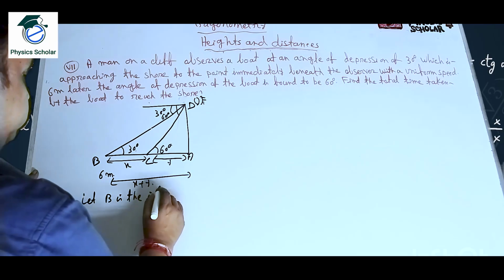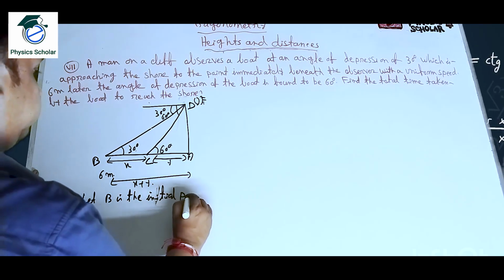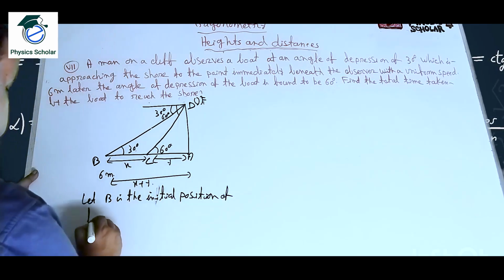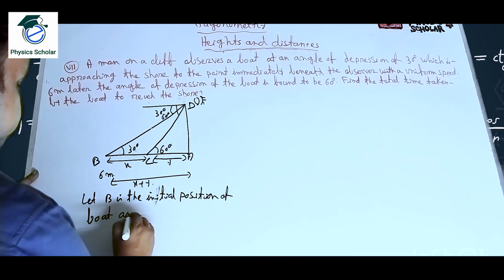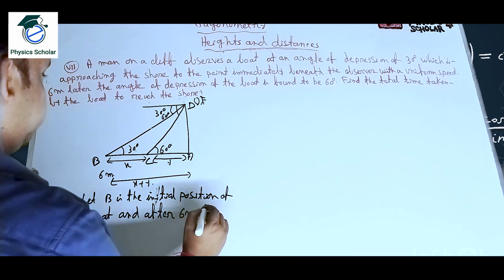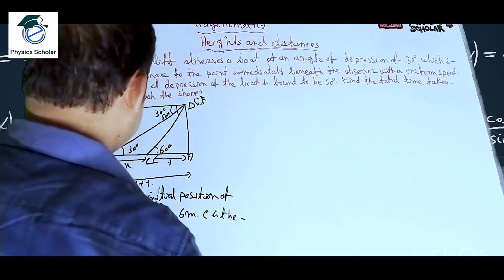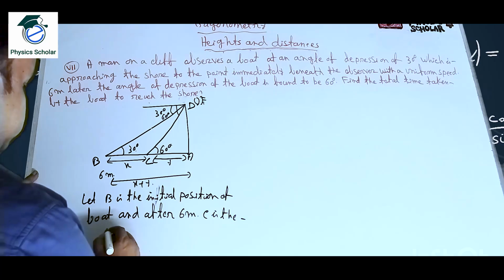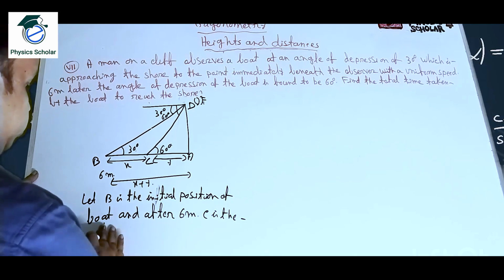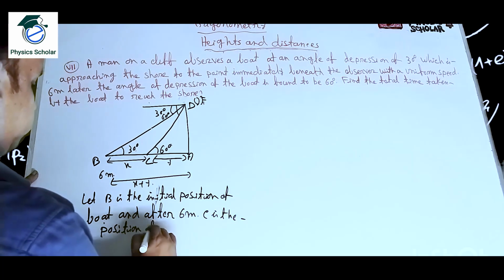So let B be the initial position of the boat, and after 6 minutes, C is the final position of the boat.